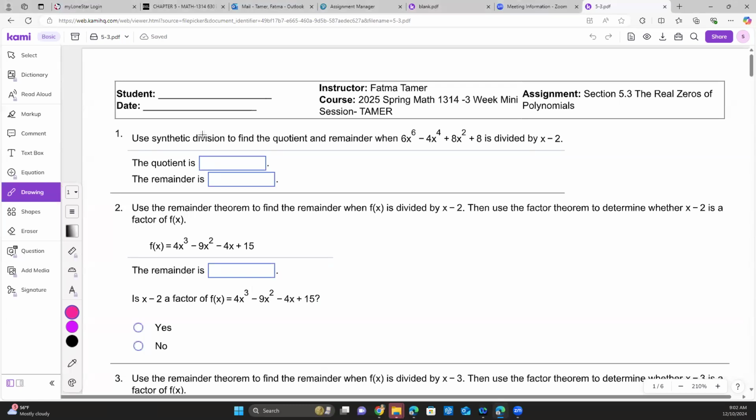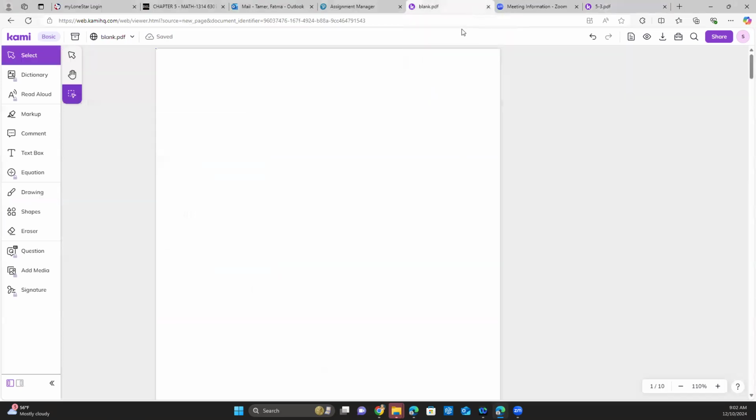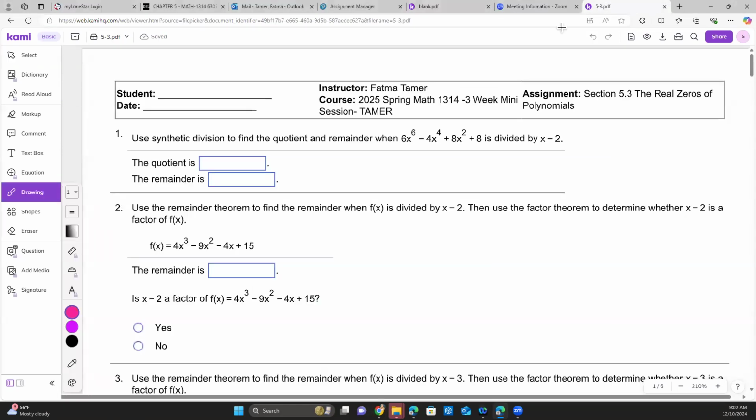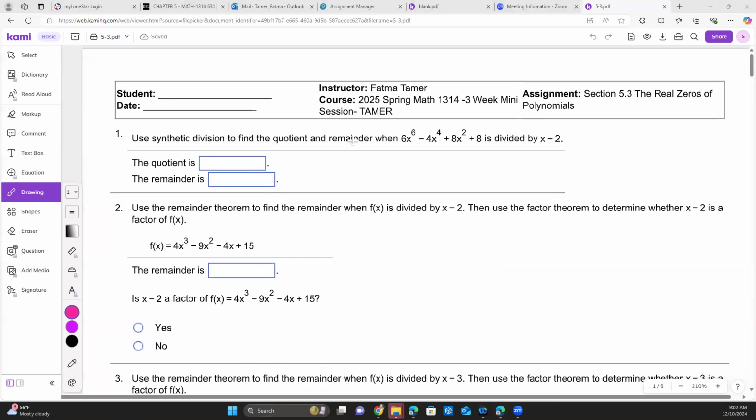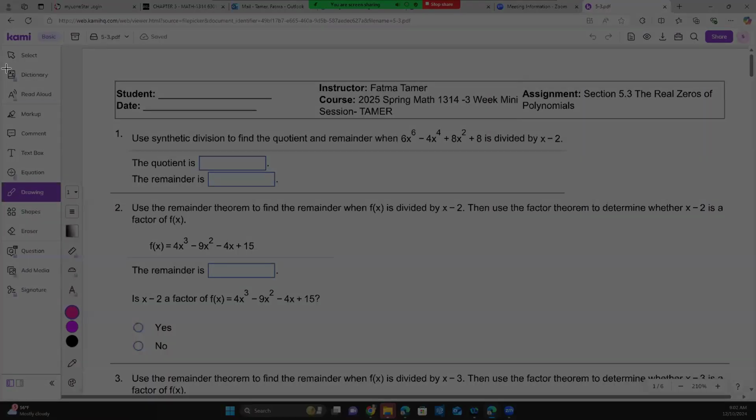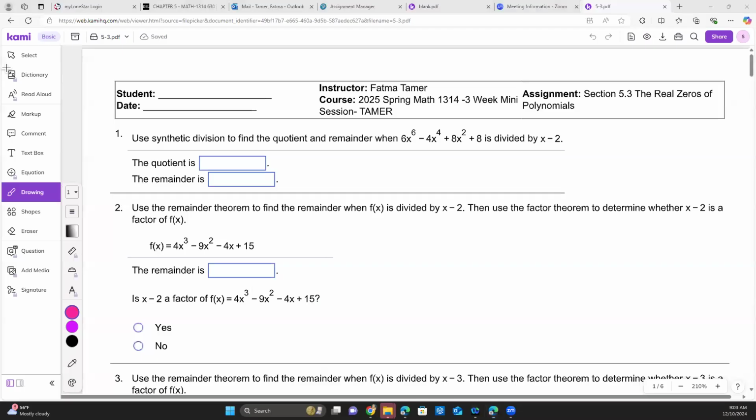Again, for question 1, I am going to switch to this bigger document. Maybe we should bring the question to the other paper to have enough space. For this one, it's just asking for the quotient and remainder.